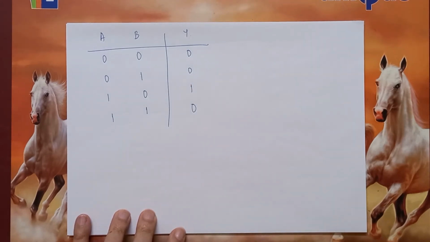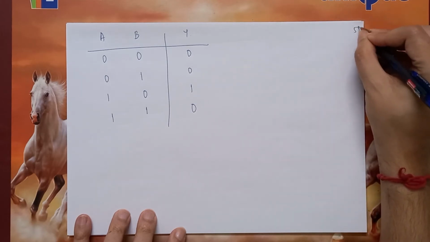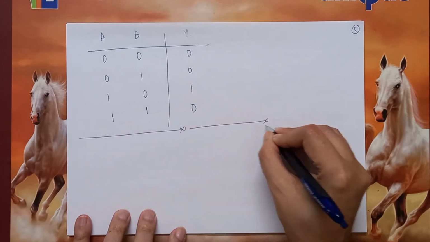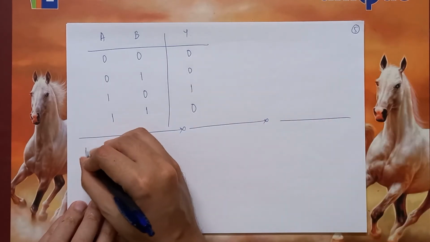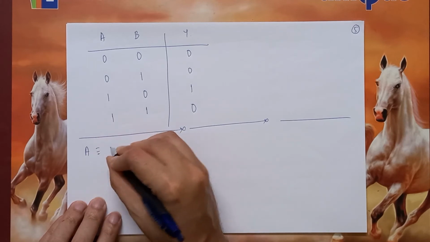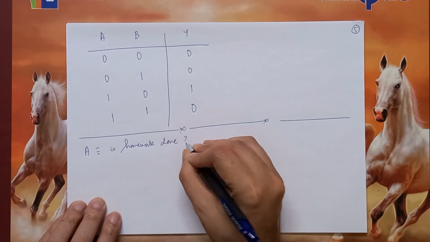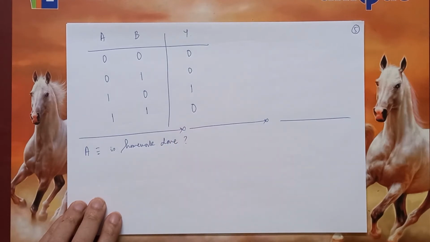Now, if I redefine my variable slightly, A is still, is homework done? And B, I will define in a slightly different way. Earlier B was, is it raining?